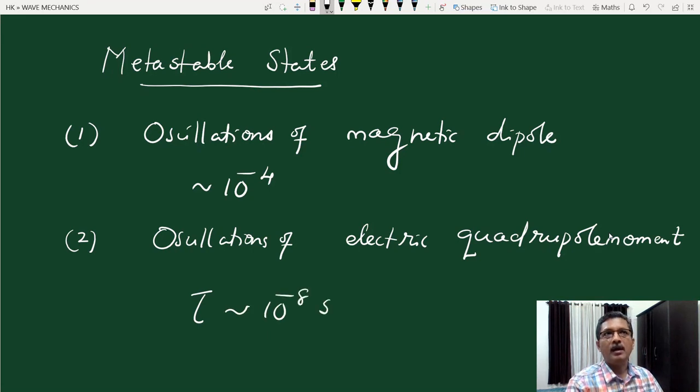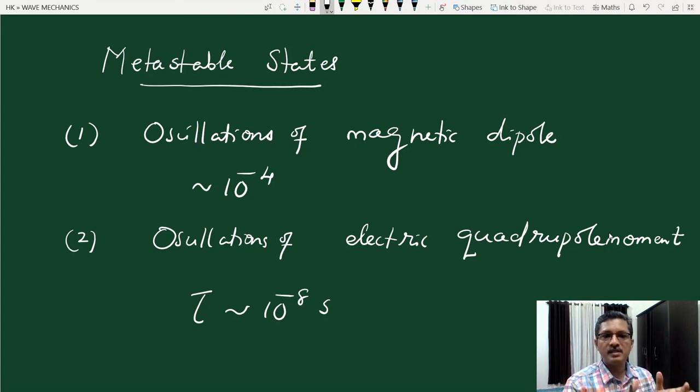Okay. But there are some atomic excited states where these oscillations of electric dipole moment do not happen. They are forbidden. But oscillations of magnetic dipole moment or oscillations of electric quadrupole moment can happen.